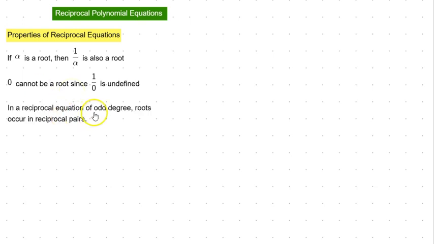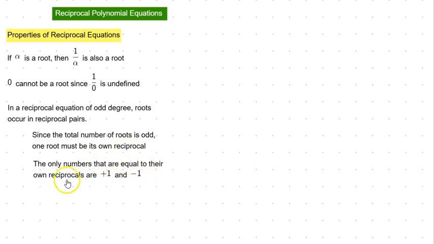In a reciprocal equation of odd degree, roots occur in reciprocal pairs. Since the total number of roots is odd, one root must be its own reciprocal. The only numbers that are equal to their own reciprocals are plus 1 and minus 1.